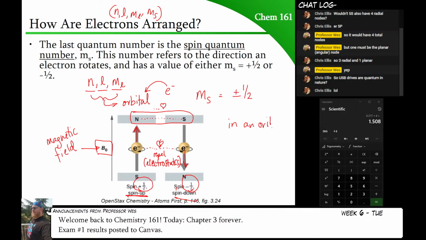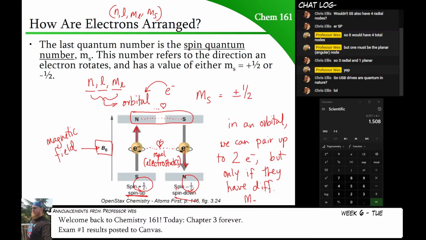So in an orbital, we can pair up to 2 electrons, but only if they have different spins.